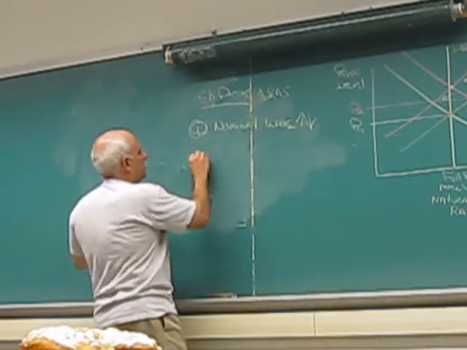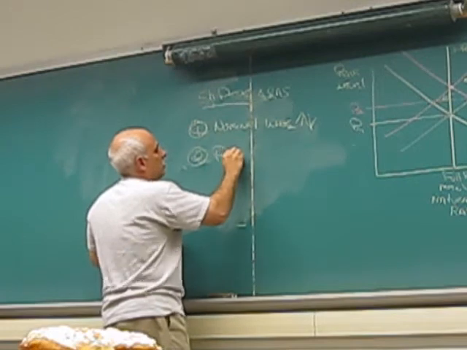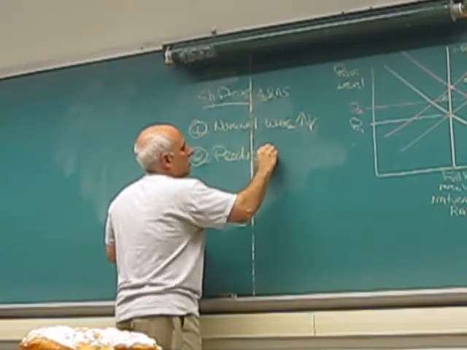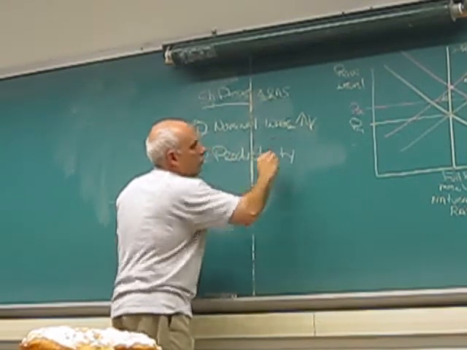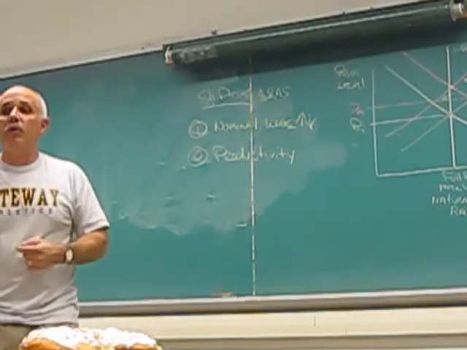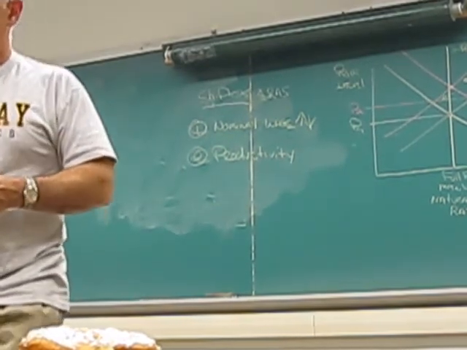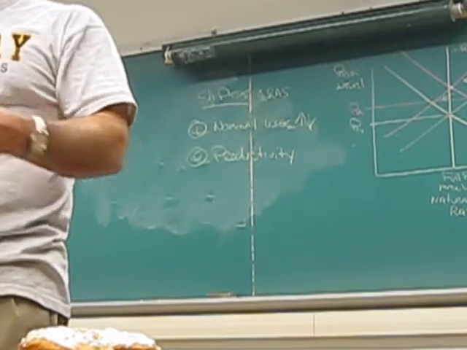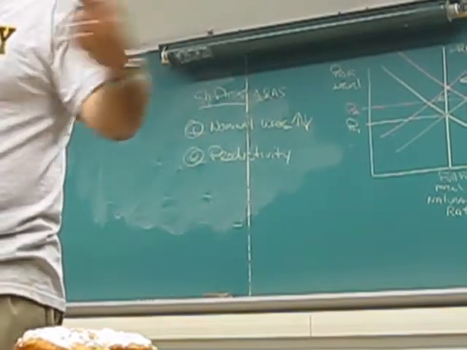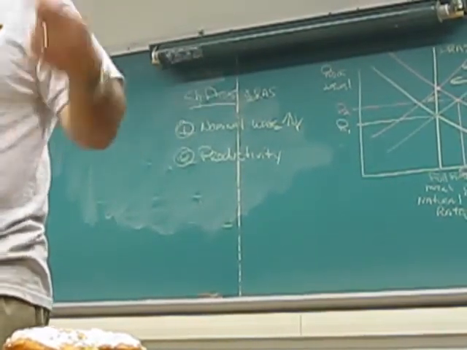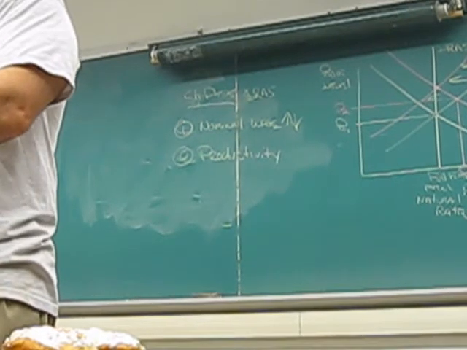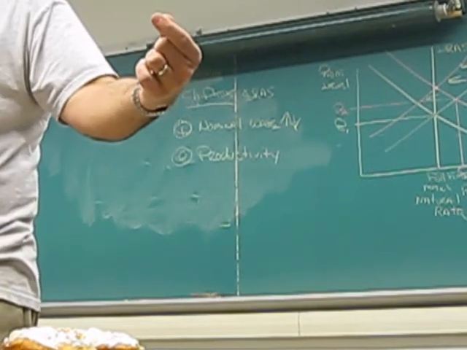Besides nominal wages, another thing that can affect it is productivity. Productivity is the amount of output you get per input. If your factors of production become more productive, then with the same input, you get more output, right?